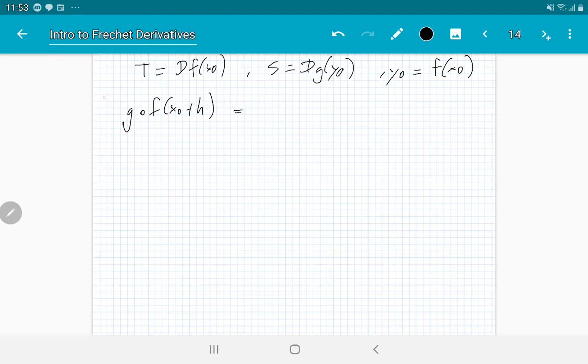This is what I want: G of f of x0 plus s times t times h plus a remainder term. And this remainder term should be o of h, right? So when divided by the norm of h, it should go to 0.